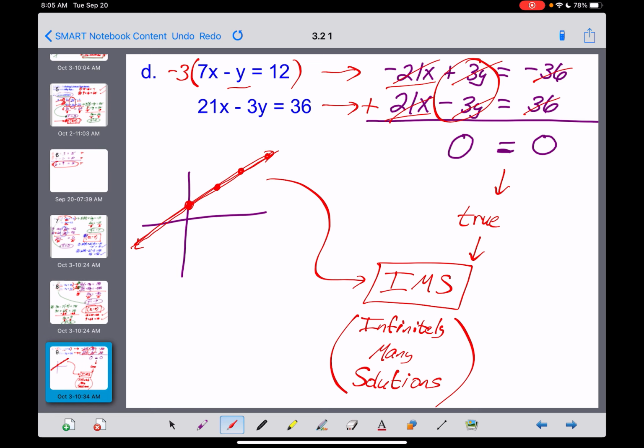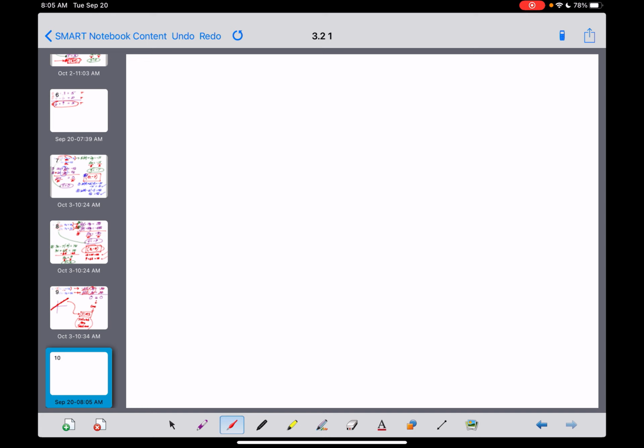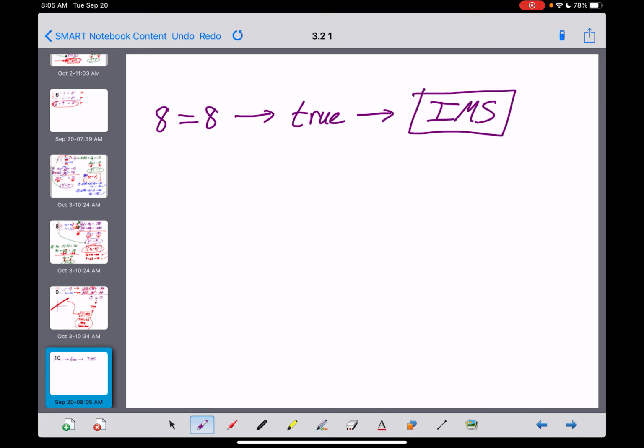So just to put a little cap on everything here, guys, to wrap this up, if all your variables drop out and you end up with a true statement, like for example, if you get 8 equals 8, here's the way your progression of thought should work there. That is a true statement. And when you come up with a true statement, your answer is IMS, infinitely many solutions. So that's one case.